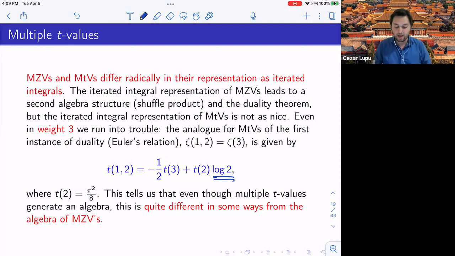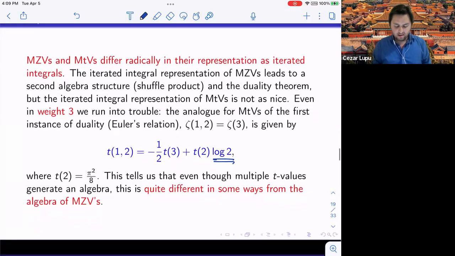You will have these extra terms like log 2, and even worse, you'll have alternating multiple zeta values and so on. As you can see, we can generate an algebra, but this is quite different from the algebra of MZVs.